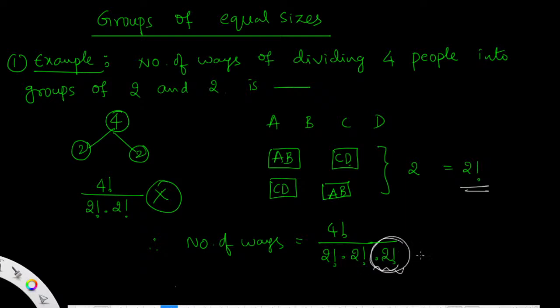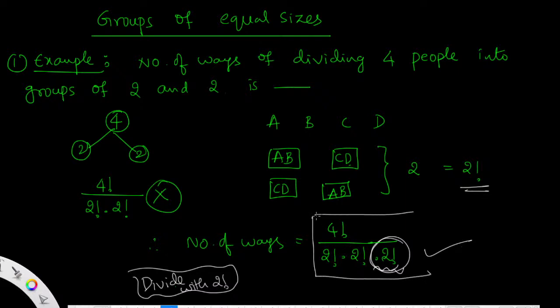This value is correct only when we divide by 2 factorial, since the groups are of equal size. Then it will be correct. Why? Because the number of ways becomes 2: AB, CD, or else CD, AB. So you must write the number of arrangements of groups, that is 2 factorial, once again. So the answer is 4 factorial by 2 factorial into 2 factorial into 2 factorial.